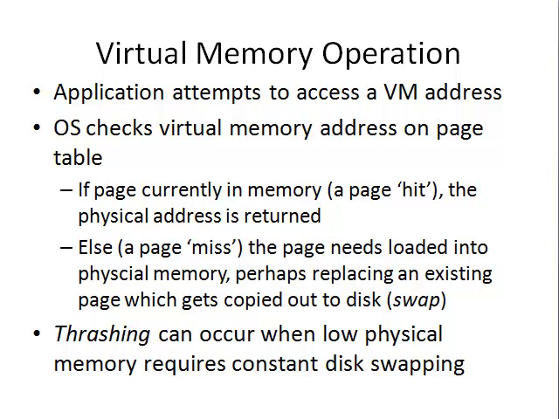If that's currently in memory, it will give back the data as if the application is directly accessing the correct physical address. If that data is not currently in memory, then we've got a page miss. Then the operating system needs to load that data into physical memory, perhaps replacing an existing page which then gets copied back out to the disk. And that's a swap. We've swapped some data into physical memory and some data from physical memory back out to the disk.